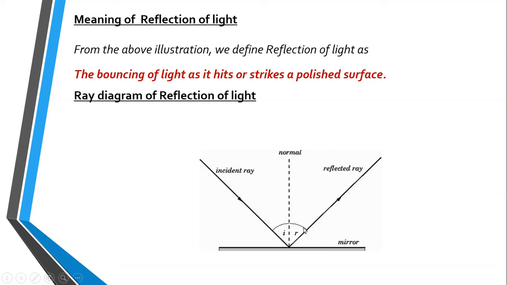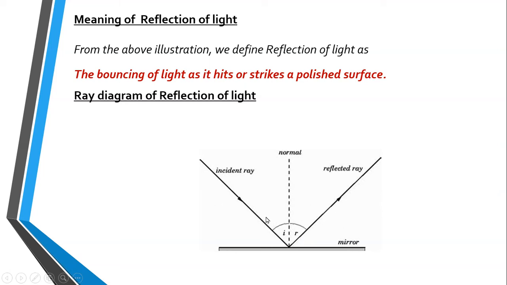On the other side, we have what you call the angle of reflection, and it's the angle between the reflected ray and the normal.